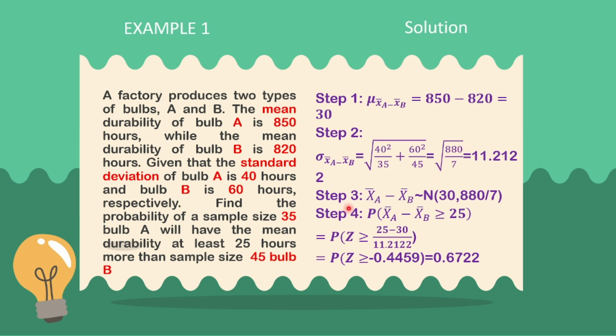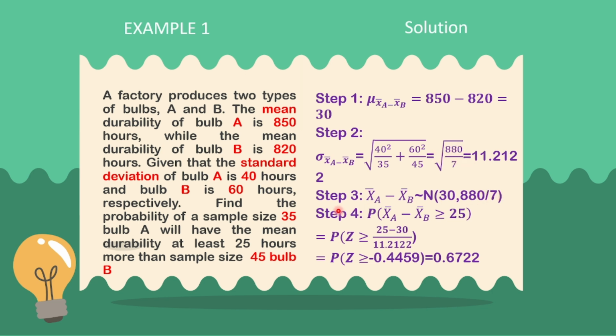Step 3. The sampling distribution of the difference between the two populations A and B satisfies a normal distribution with the mean from step 1, which is 30, and the variance, which is 880 divided by 7.